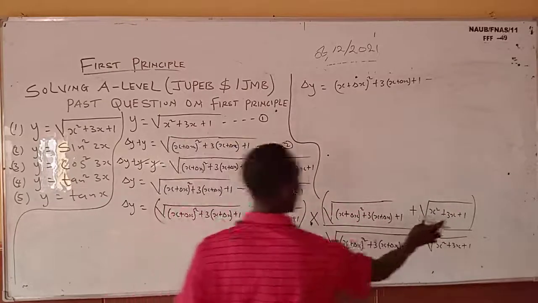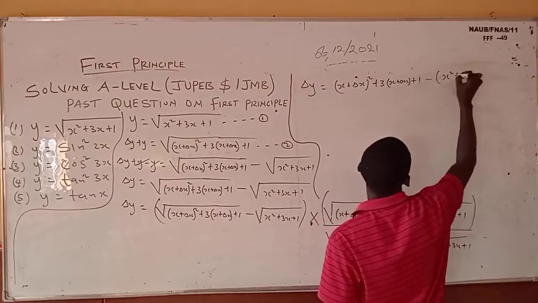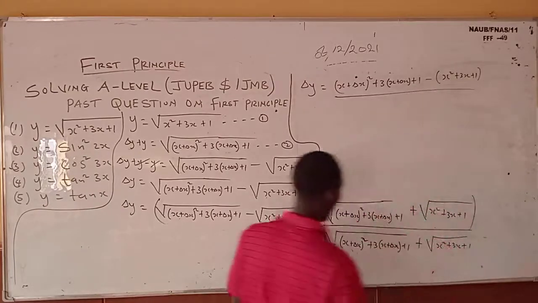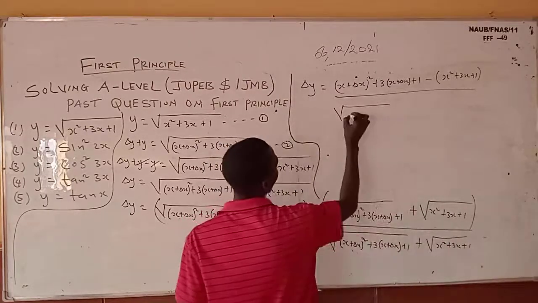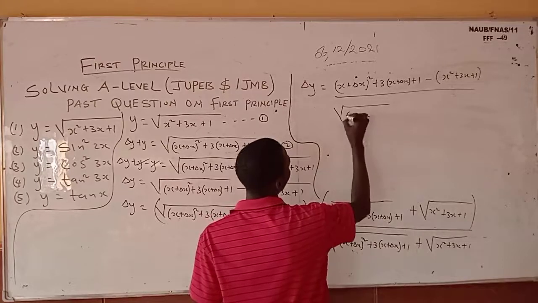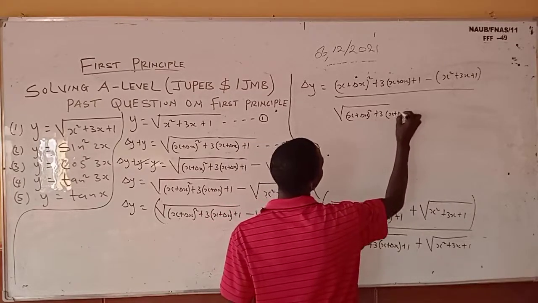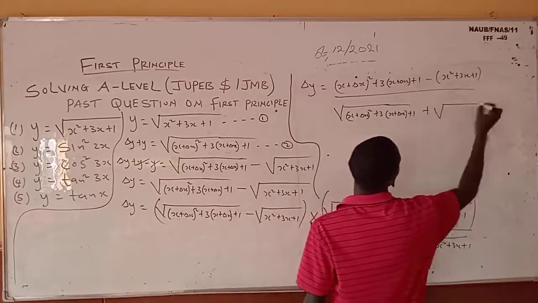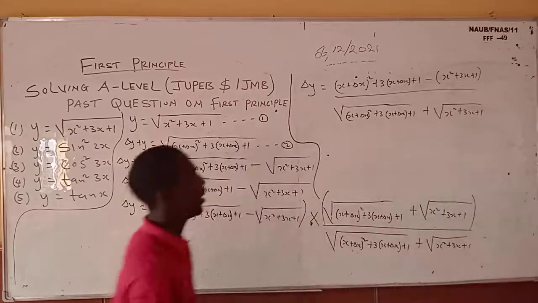Use this to multiply this, you will get s squared plus 3s plus 1, all over the square root of s plus change in s all squared plus 3 into s plus change in s plus 1, plus the square root of s squared plus 3s plus 1. I hope you get this.